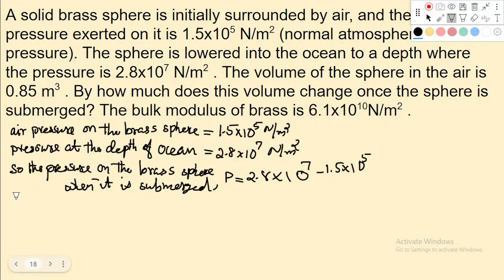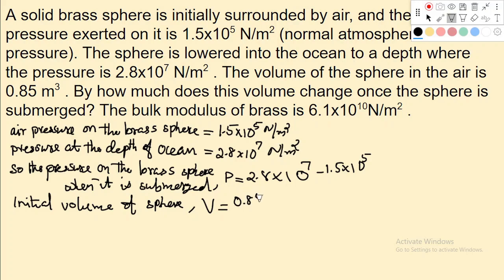And the initial volume of the sphere, that is V, is equal to 0.85 meter cube.